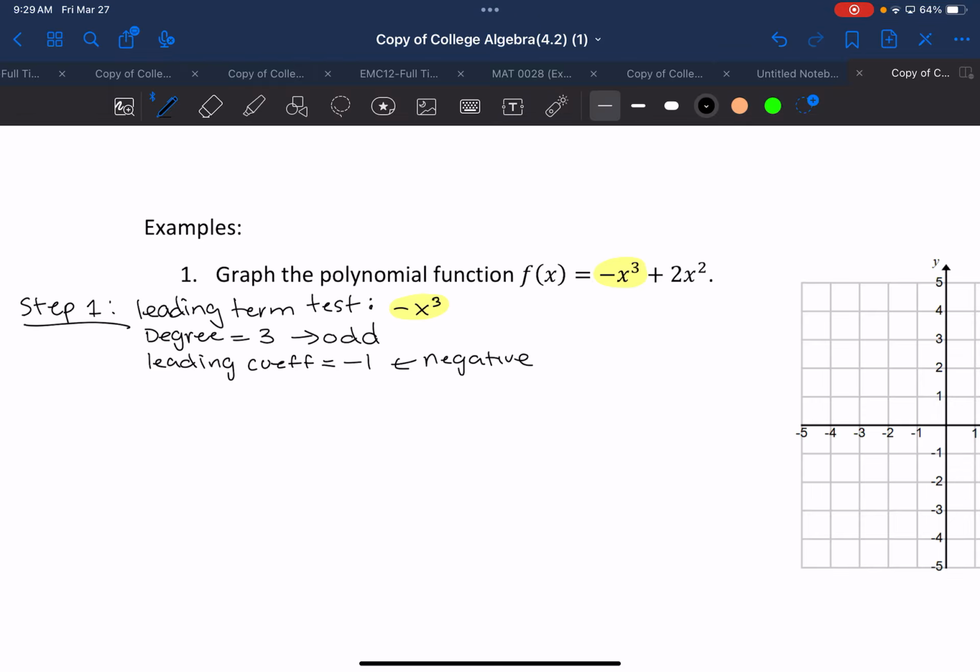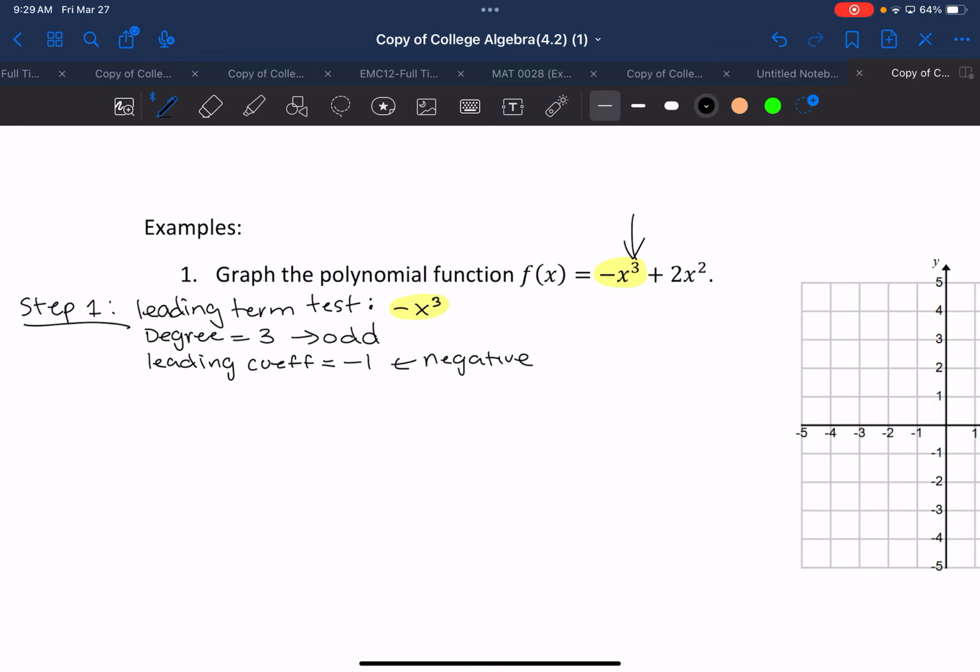Okay, so when your degree is odd, the highest exponent is odd, your end behavior is going in different directions. One is either going down and one's going up, or vice versa. And if your leading coefficient is negative, then it should be going down from left to right. So the right should be going down. It should be decreasing like this.